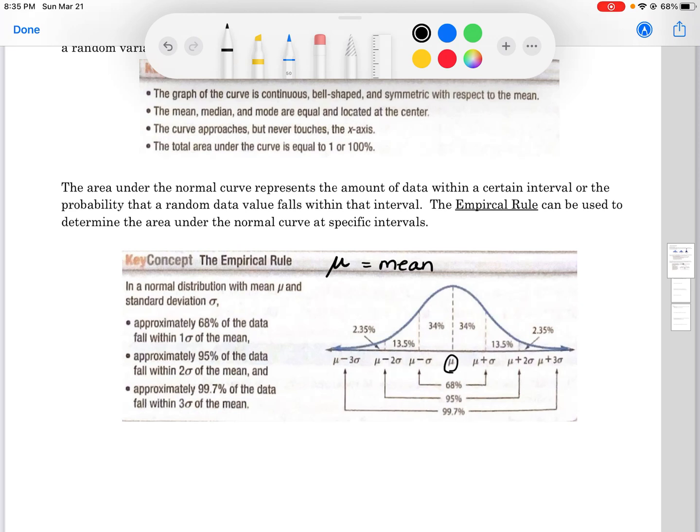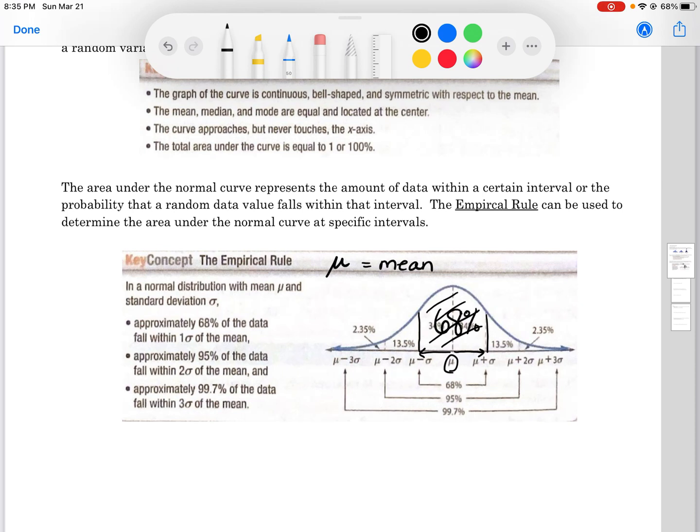So this right here is the center. This is the mean of our data, the mean value. If I were to move one standard deviation to the right, whatever that distance is, and one standard deviation to the left, the space between those two endpoints is going to be 68%.